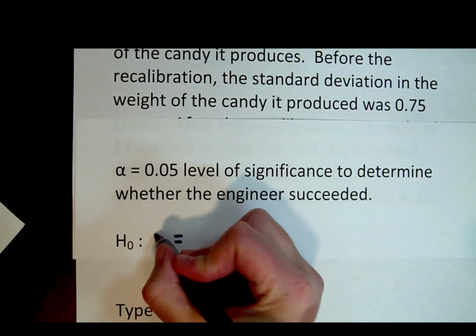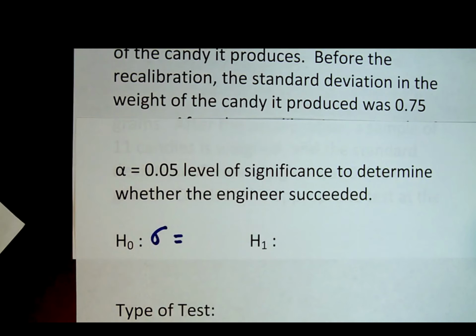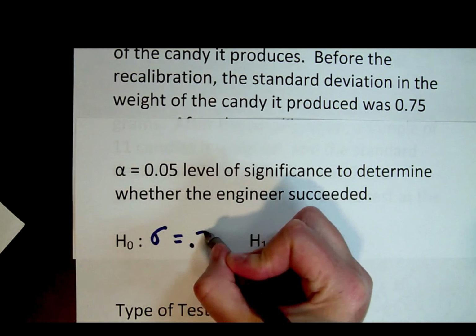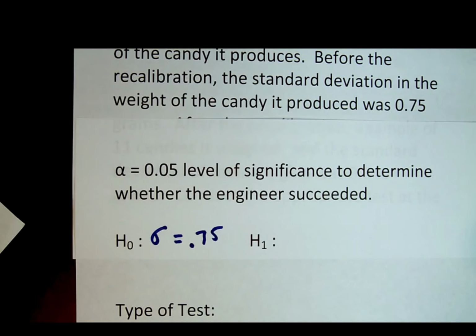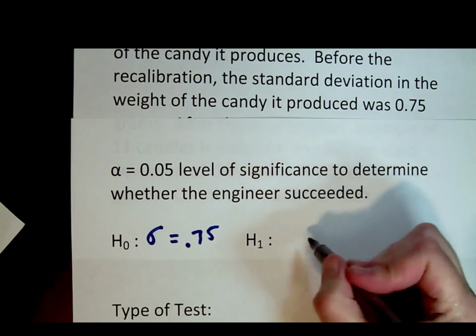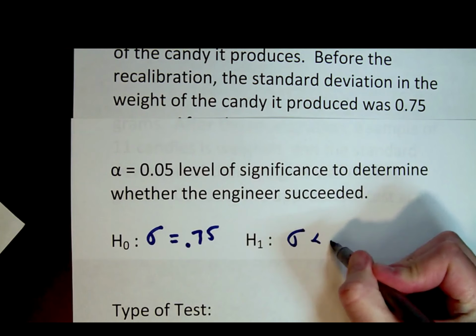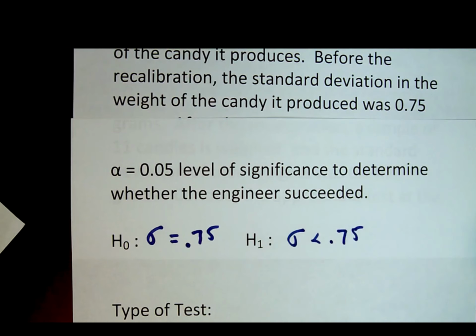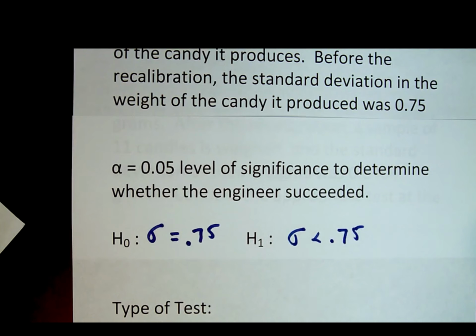So that's going to be the statement that the standard deviation is still at 0.75. The alternate hypothesis, the one the engineer is hoping to support, is that the new standard deviation is actually less than 0.75, that the machine is now more reliable.